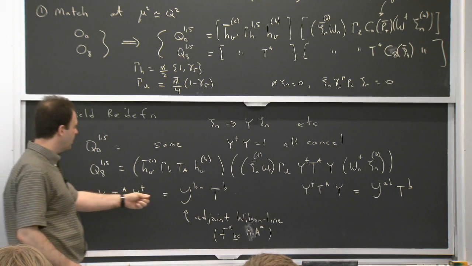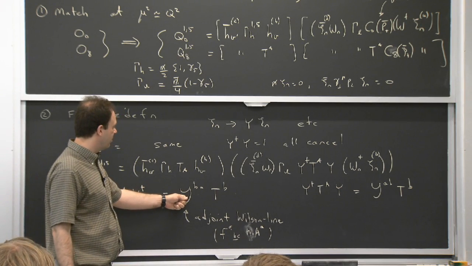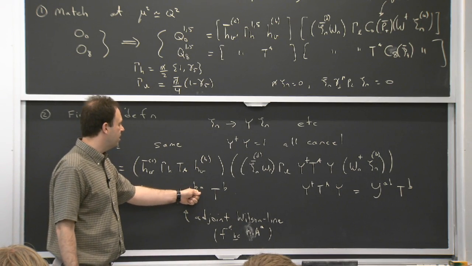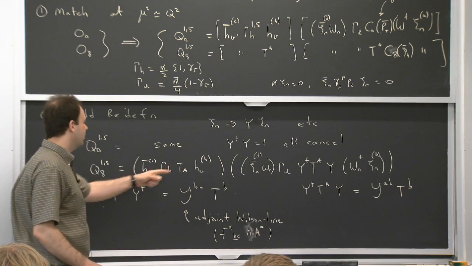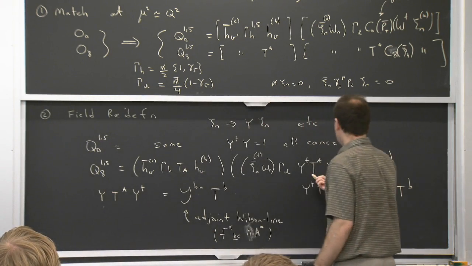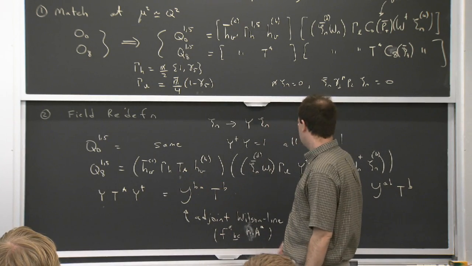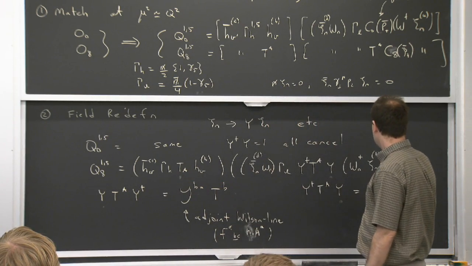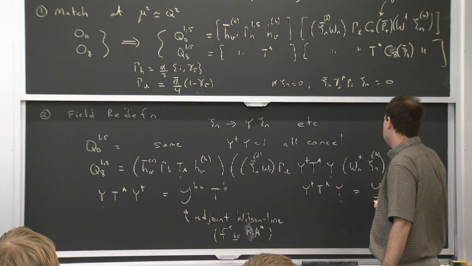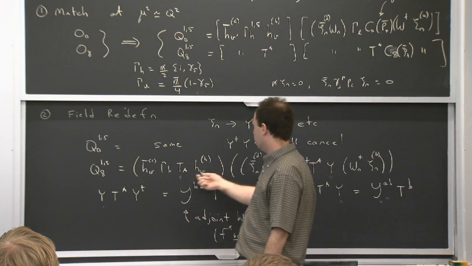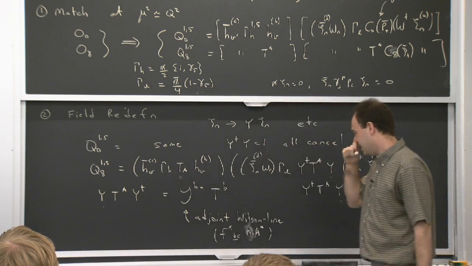And remember, this is a matrix just in the AB space. So if I use this formula in here, that allows me to take these Wilson lines here and move them over here, right? Because I can write them as a y, and then the y is just something that it doesn't care about. It just moves over because it's contracted with that index A.